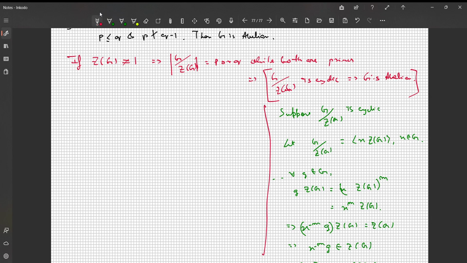Okay. So proof. Let Z(G) be equal to 1. Clear?